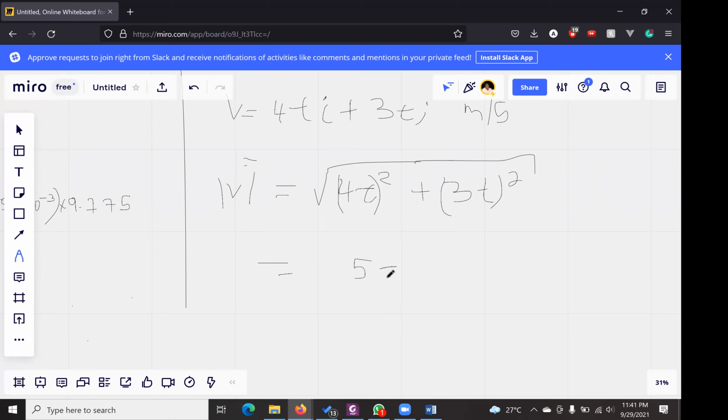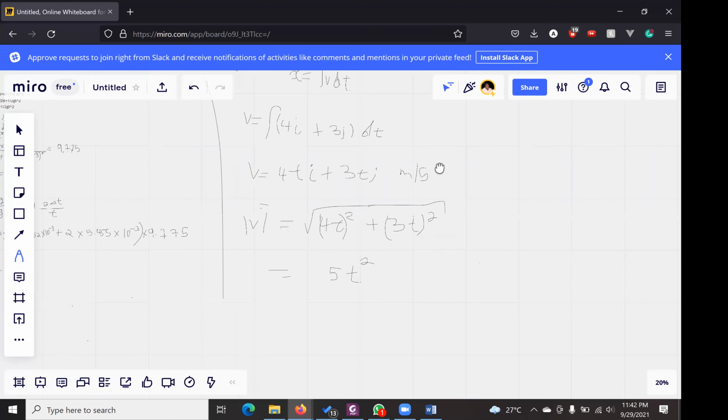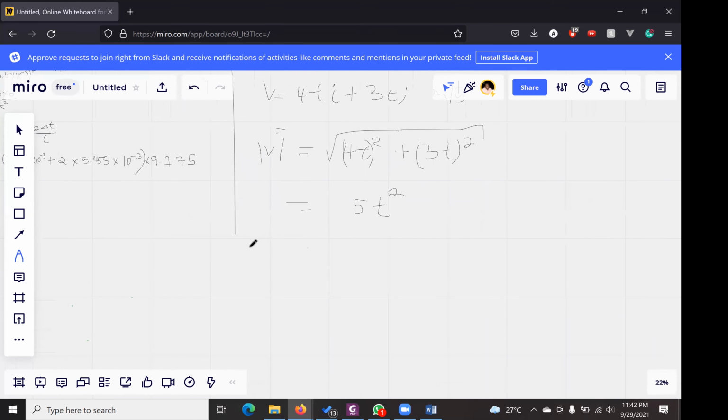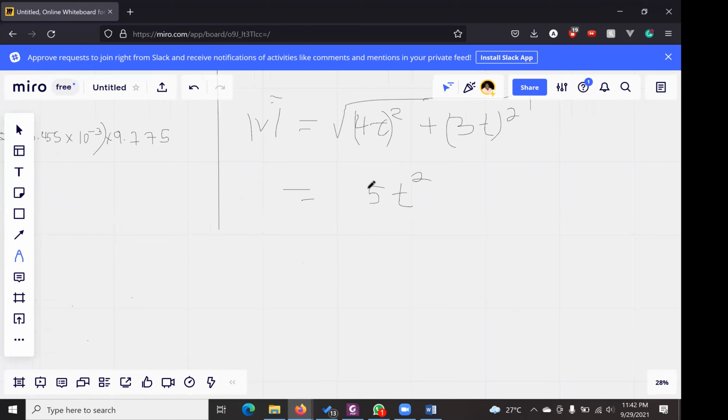But I can work it out too. 4 squared is 16, 3 squared is 9, that gives us 5. It's good to know these things, right? Just because it's speed doesn't mean your unit changes.